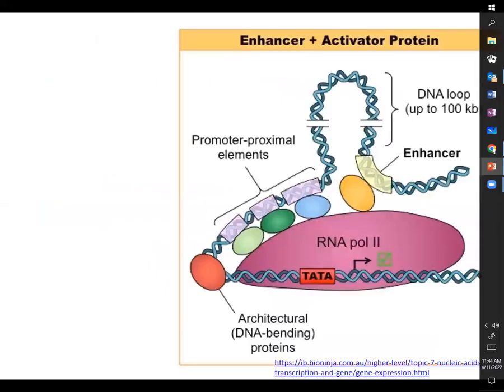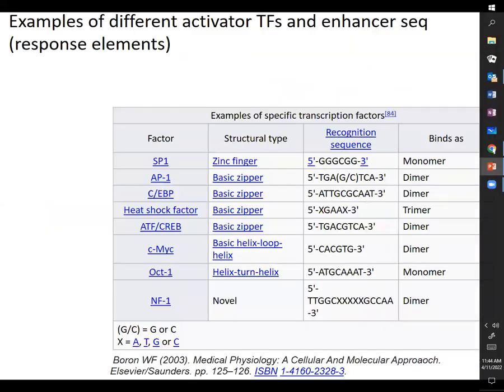Let's take a look here. I've got a table. Here are some different transcription factors: SP1, AP1, ATF, CMYC, which is involved in a lot of cell growth pathways, NF1, and OCT1, which is involved in stem cell regulation. These are the specialized transcription factors, the TFs.